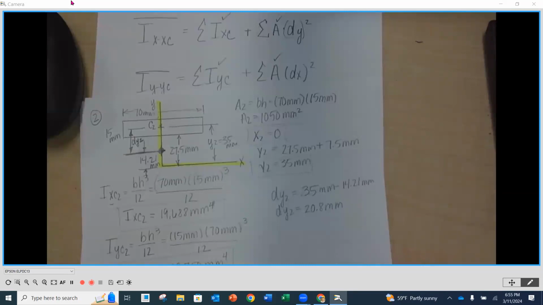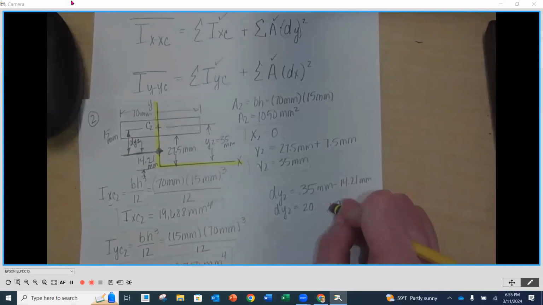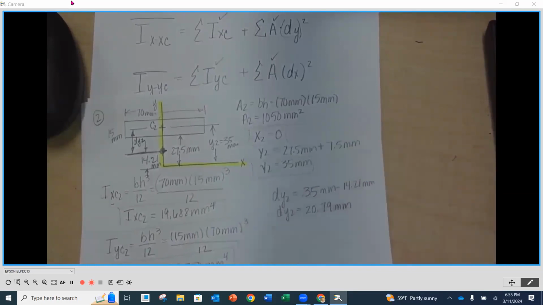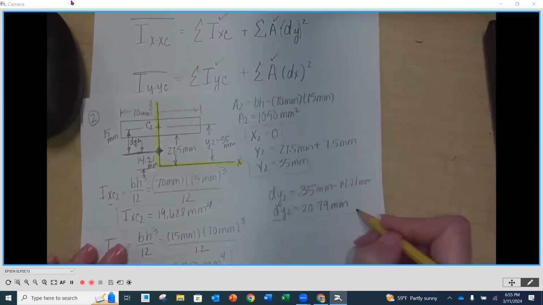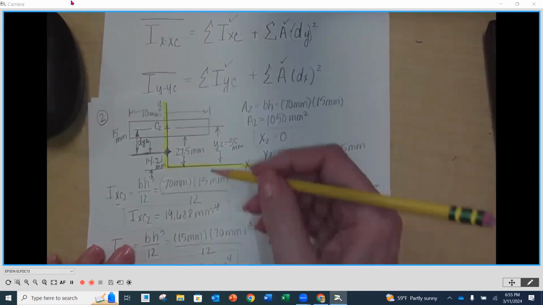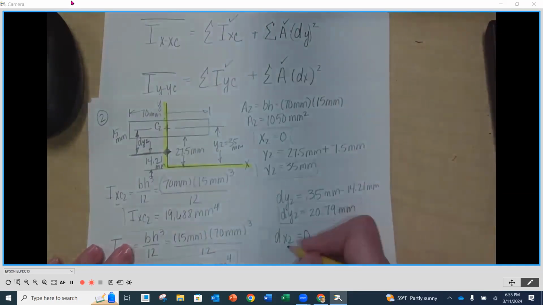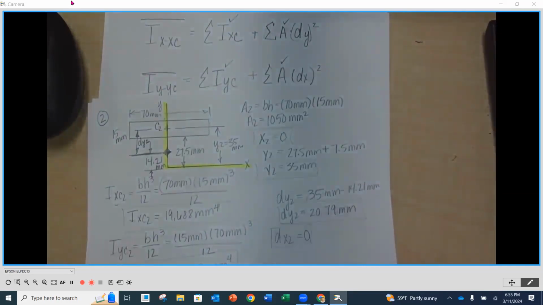Is it 20.79? Because I have the 2-1. Let's do that. I'm just going to hold that extra decimal place. All right. And then our dx2, again, that centroid is right on that y-axis, so that's going to be 0. Which is nice. We like zeros in these processes.